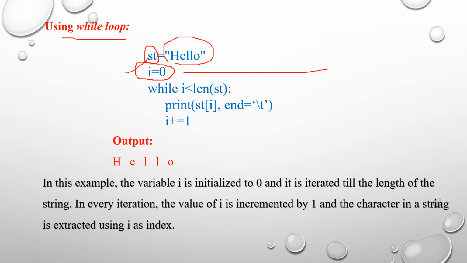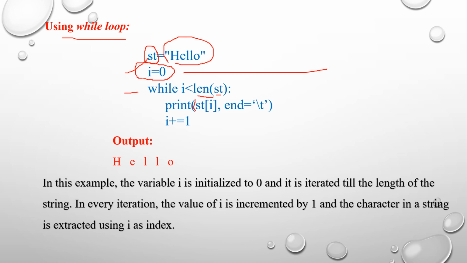After that, we declare while i less than len of st. This is the inbuilt function len, which gives the length of the string. So len of st, where the st string is hello. After that, we are going to print st[i], where i is the loop variable.